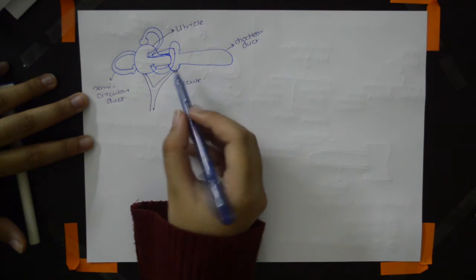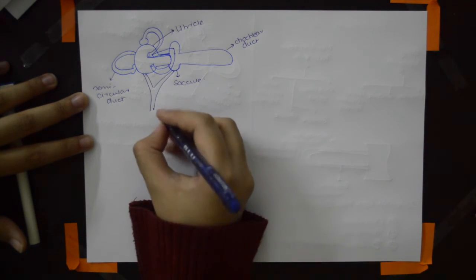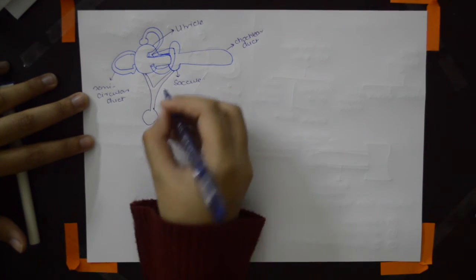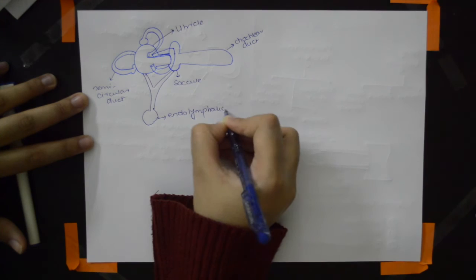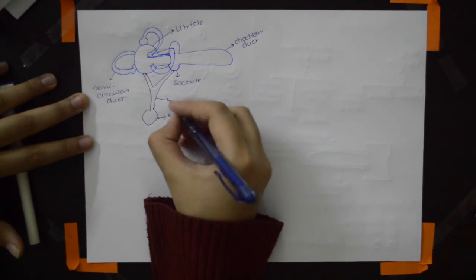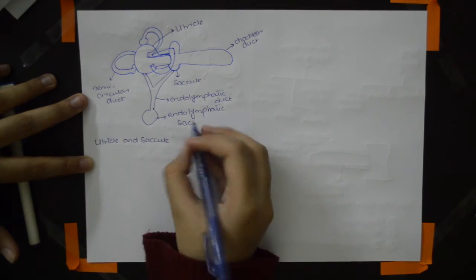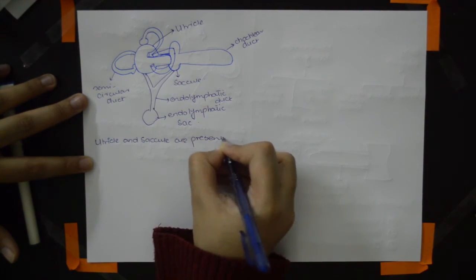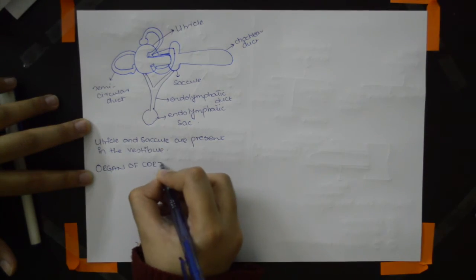It has an attachment with the saccule and with the utricle. This is the endolymphatic sac, and this over here is the endolymphatic duct. Utricle and saccule are present in the vestibule.